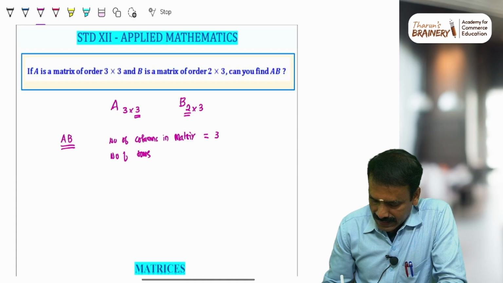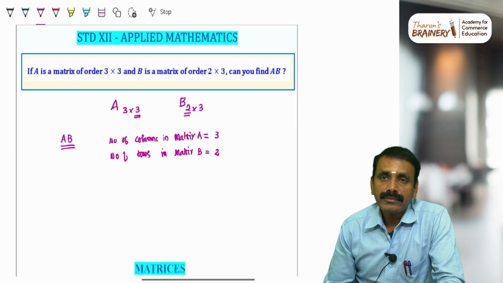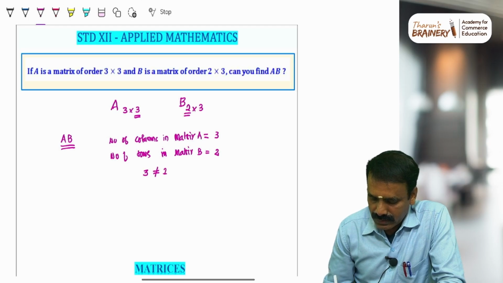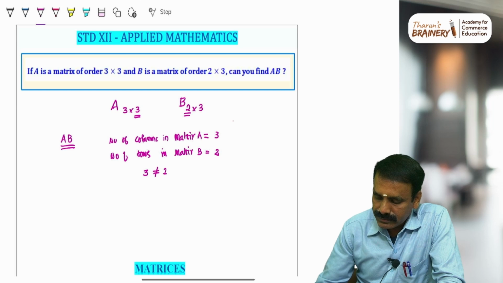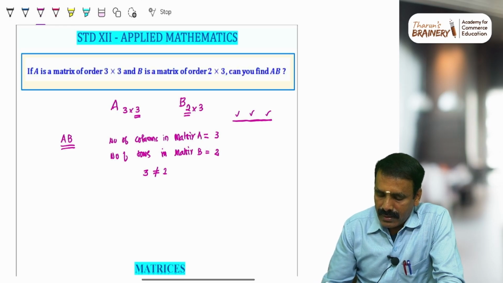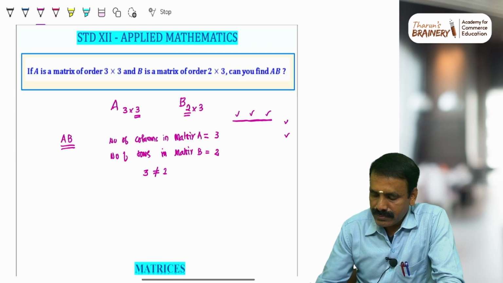The number of rows in the second matrix is only 2. They are not equal. Three is not equal to 2, which means we are going to have 3 elements in a particular row of matrix A, but in matrix B we have only 2 rows.